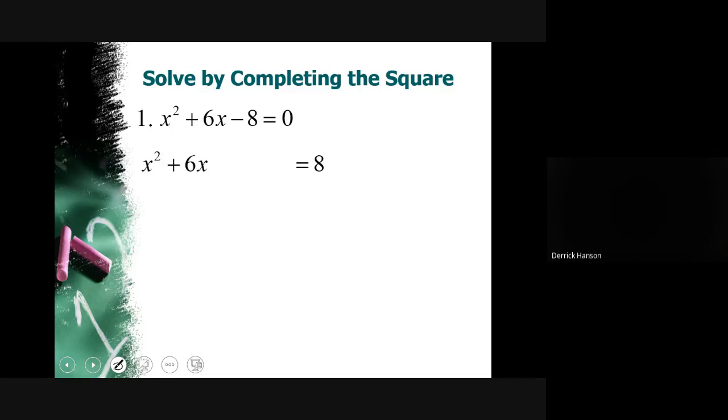And now that we have that ability to decide, now we can go in and use our b over 2 squared. What is the b value for this equation? 6. So we're going to add in 6 over 2 squared.